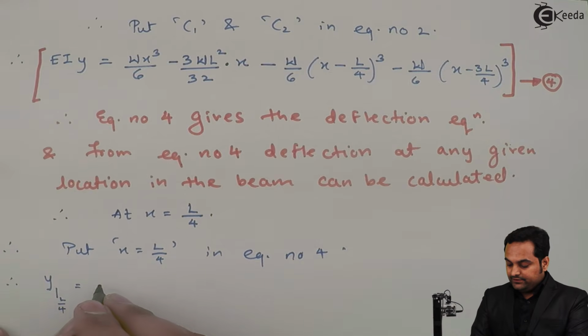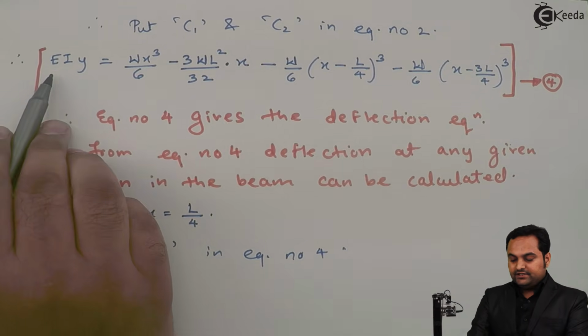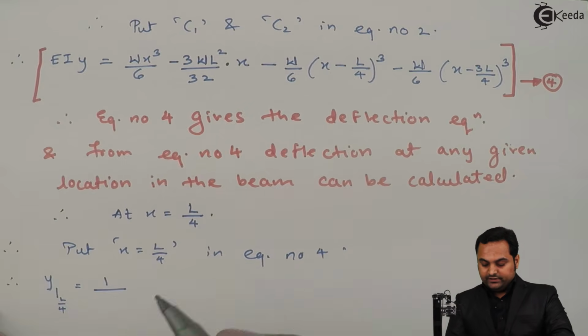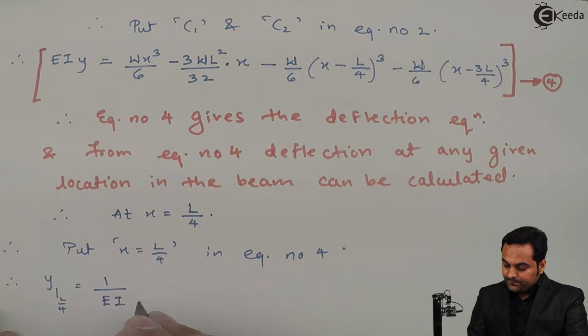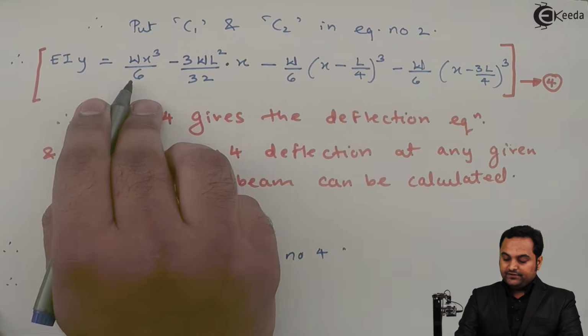EI I'll send it here, it gets multiplied on the left hand side, so on the right hand side it would be divided. W by 6 I'll keep as it is.